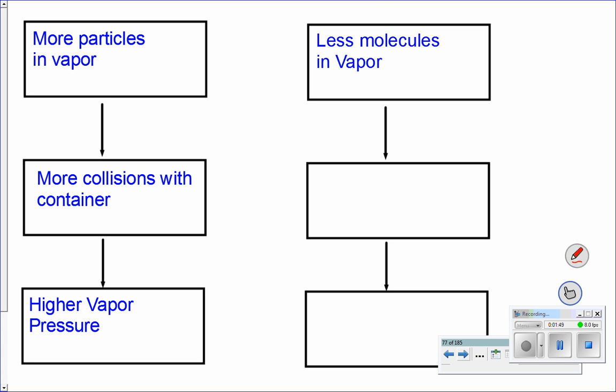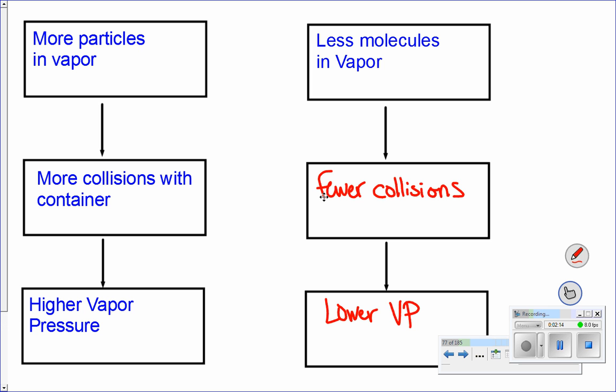More particles in a vapor, more collisions with the container, higher vapor pressure. Fewer particles in a vapor, fewer collisions, lower vapor pressure.